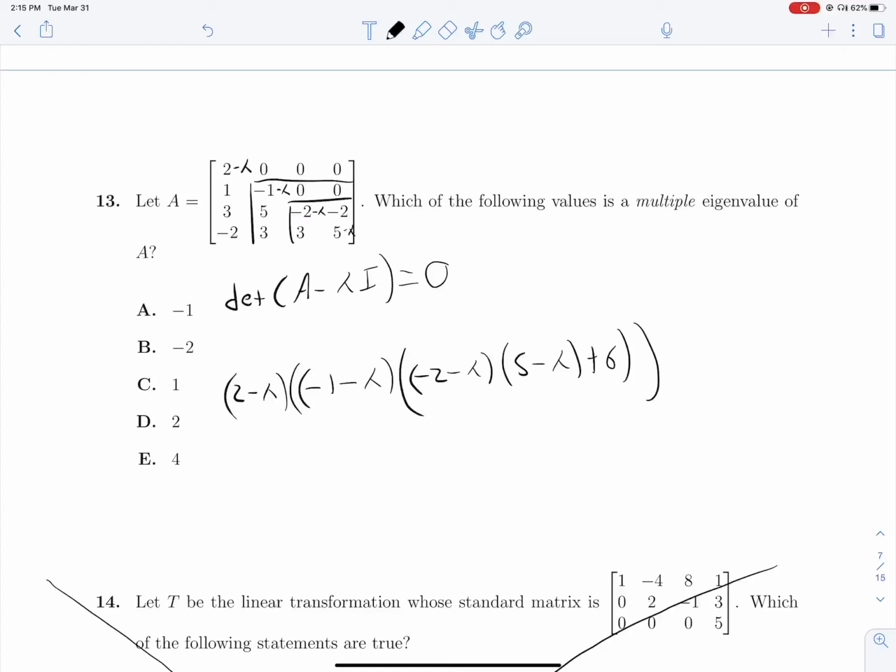And then we need to close out all of these parentheses. It was a parenthesis mistake that I made last time, and you'll see why it's important in just a second.